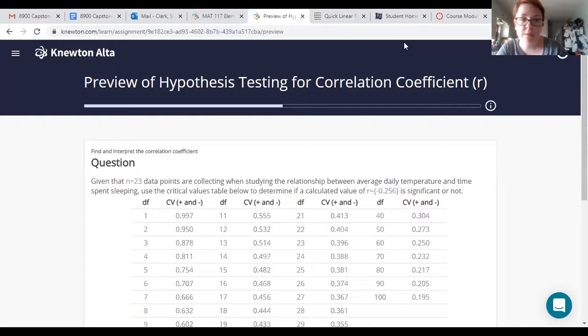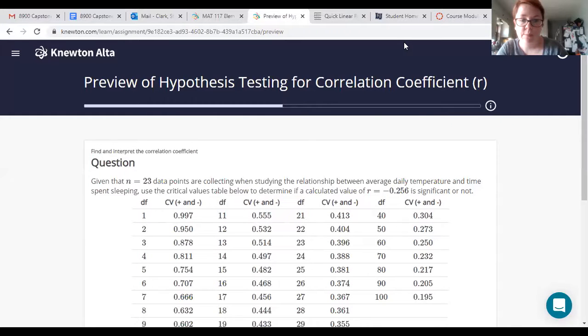And am I going to get one that's not? Okay, so here we have n equals 23. And so our degrees of freedom would be 23 minus 2, so that gets us to 21. And here we have an R value of negative 0.256.